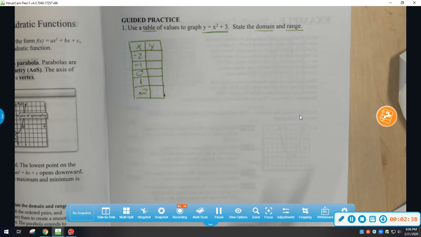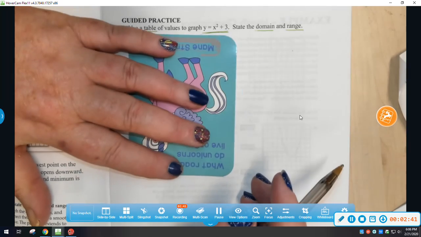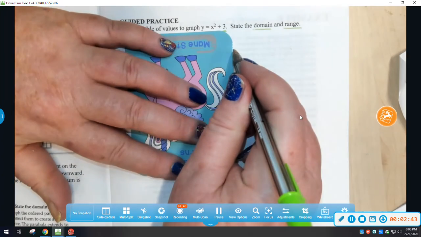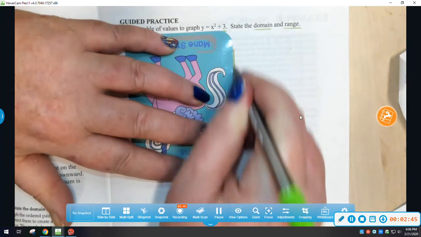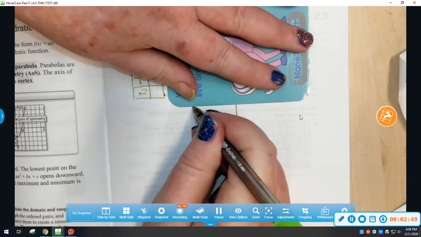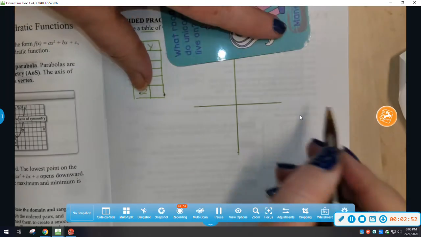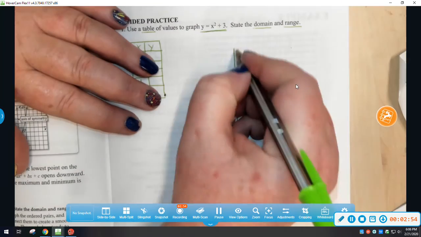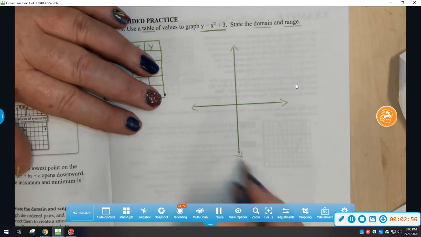And let's draw ourselves a little x and y axis. Grab a straight edge. Guess that's not so little. I made it pretty big. All right.